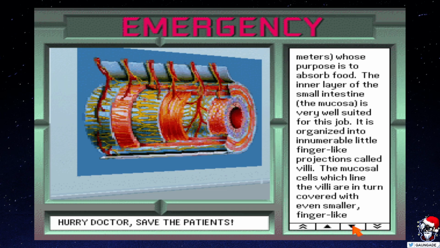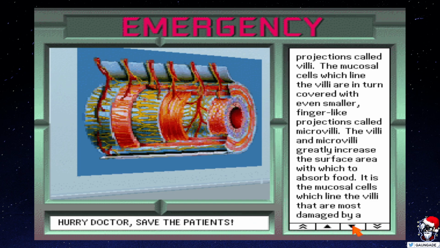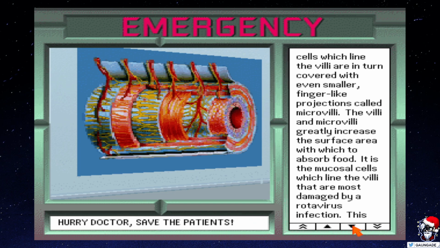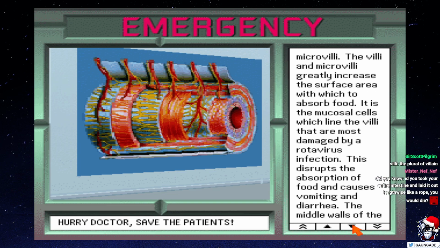The mucosal cells which line the villi are in turn covered with even smaller finger-like projections called microvilli. The villi and microvilli greatly increase the surface area with which to absorb food. It is the mucosal cells which line the villi that are most damaged by a rotavirus infection. This disrupts the absorption of food and causes vomiting and diarrhea.